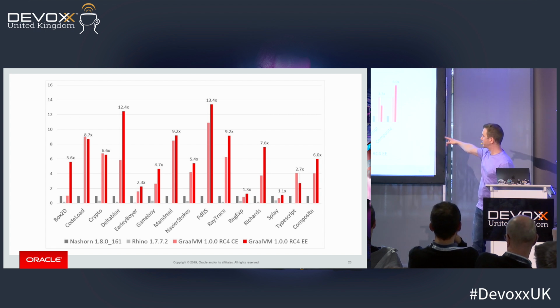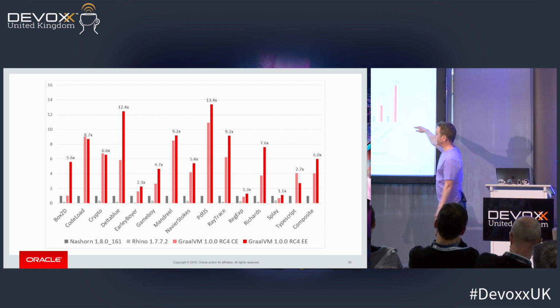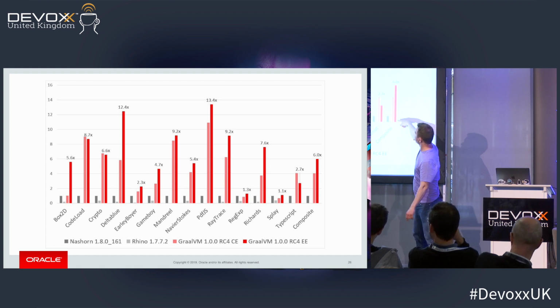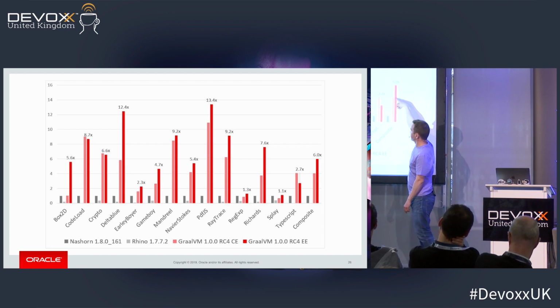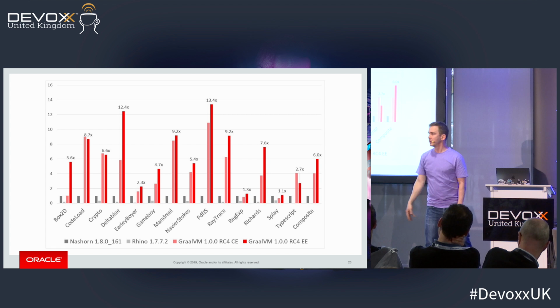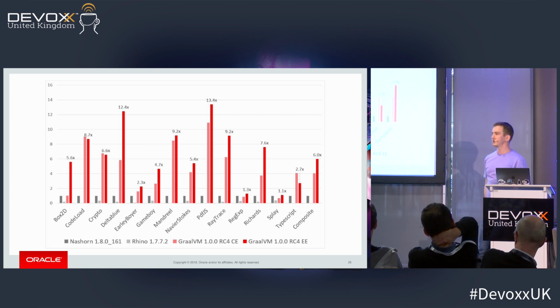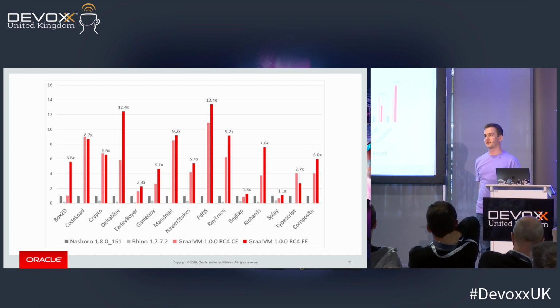We run the Octane benchmark, normalized to Nashorn results. The community edition is approximately 4 times faster, and the enterprise edition is approximately 6 times faster, which is many times faster than Nashorn. And I think we're something like 15% slower than normal Node with V8.